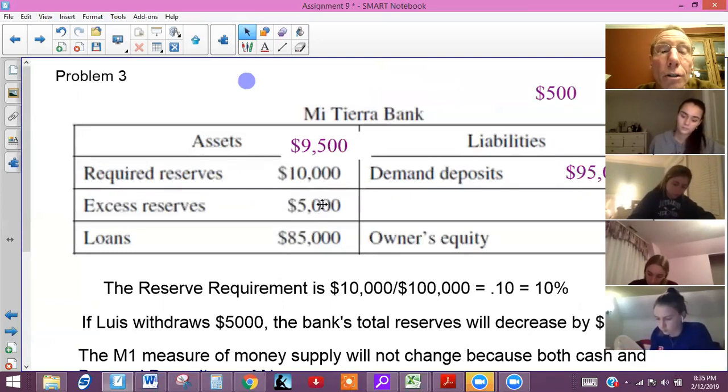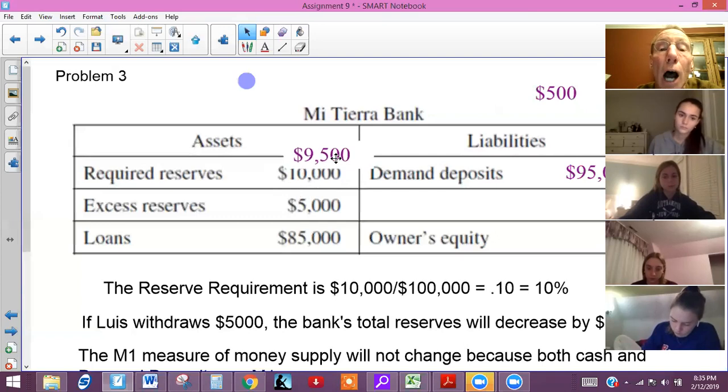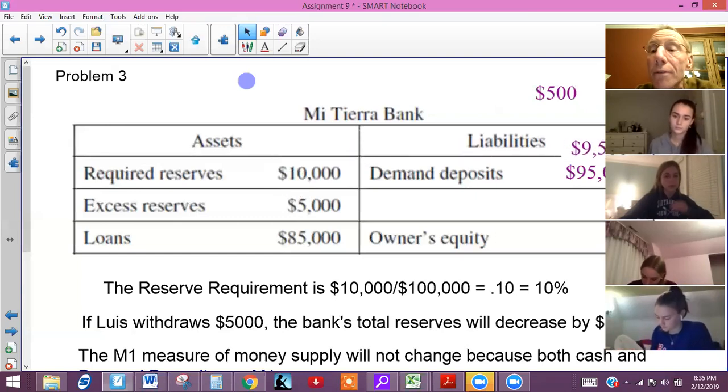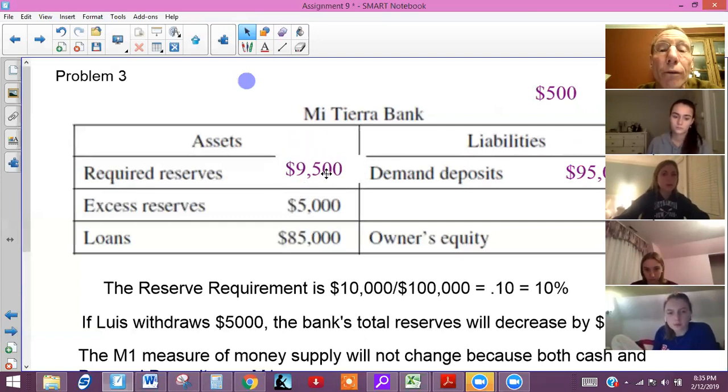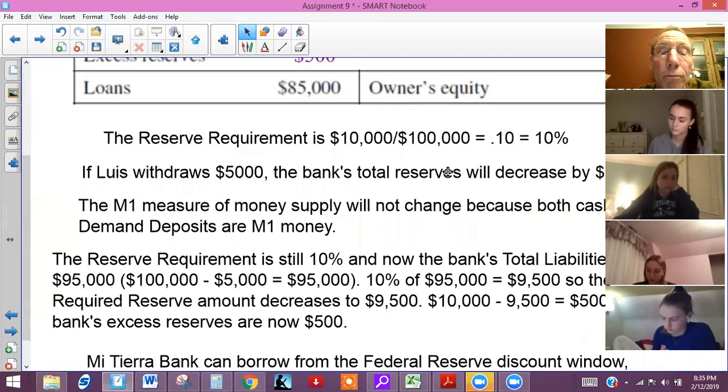Now this is a 0, what was here, because Lewis has it, but you only have a required reserve dollar amount of 9,500, because 9,500 is 10% of 95,000. So you've got 500 less required here to meet that 10% requirement, which gives you an extra 500 to put into your excess right there. Okay, so that's what happens.